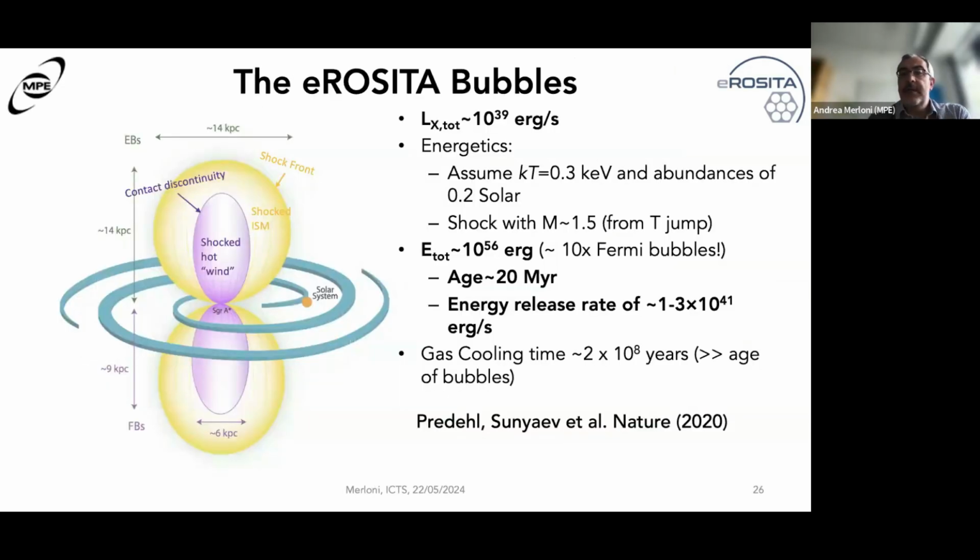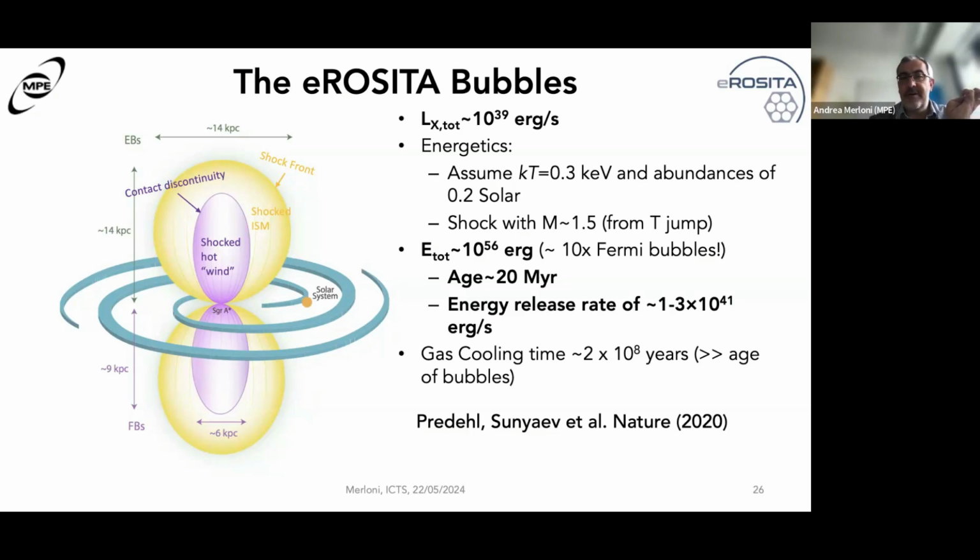In our discovery paper, we made a toy model associating the Fermi and eROSITA bubbles to a hot wind, like a solar wind, if you want, in which the Fermi bubbles represent the shocked hot wind, their edges a contact discontinuity between the hot wind and the shocked ISM, and the outgoing edges of the eROSITA bubbles the outgoing shock front.